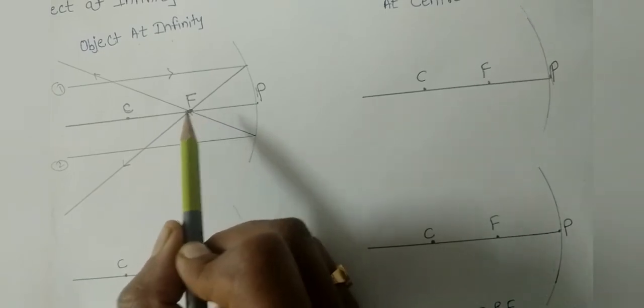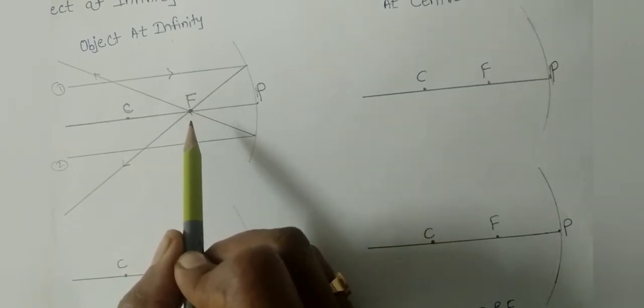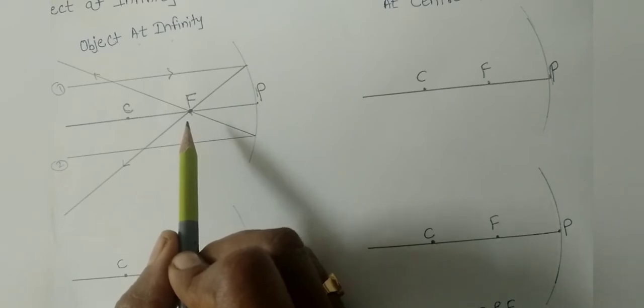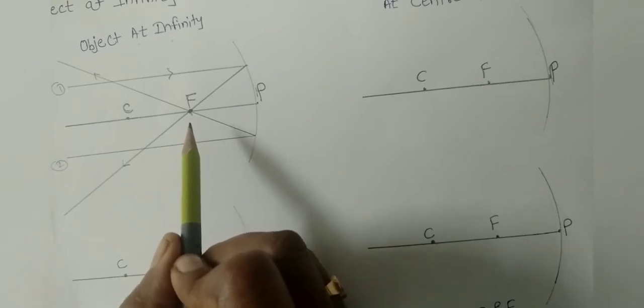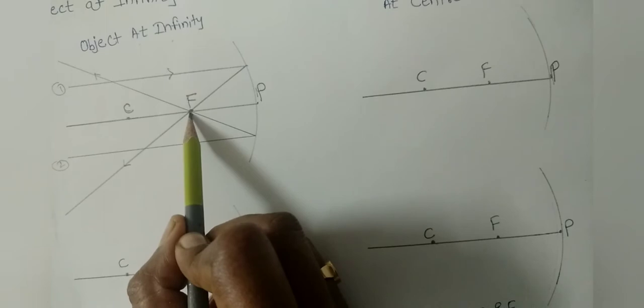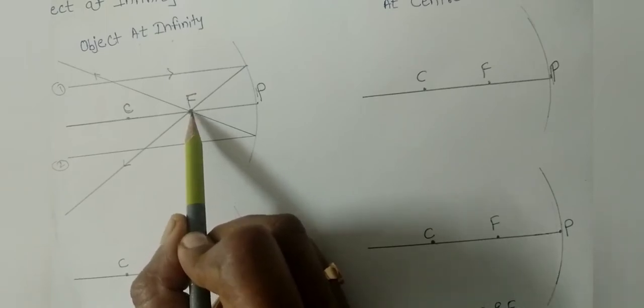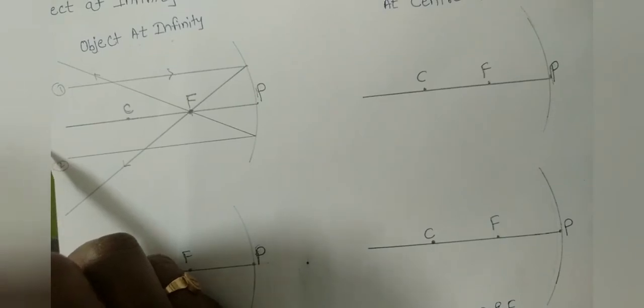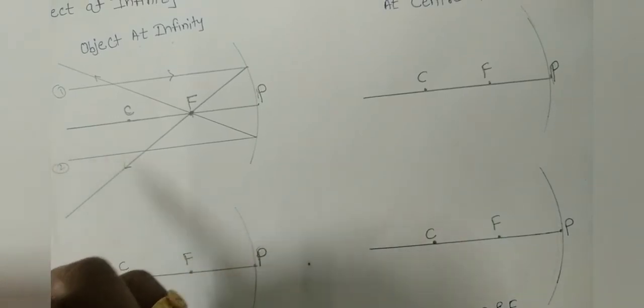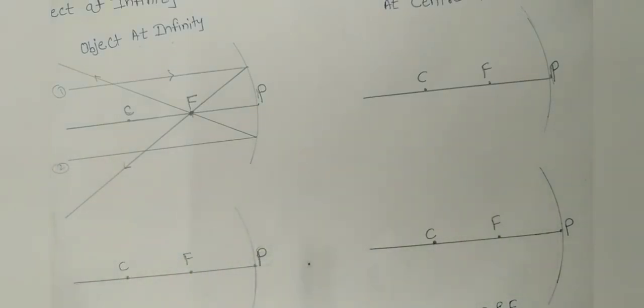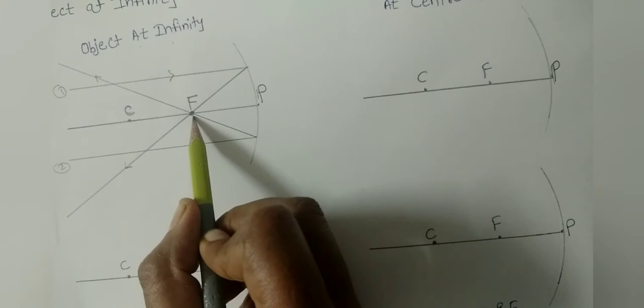As this image is much smaller than the object, we can say image is highly diminished. Just a point size image we obtained on the focus when object is placed at infinity. So we can say that when the object is at infinity, we obtain image at the focus.